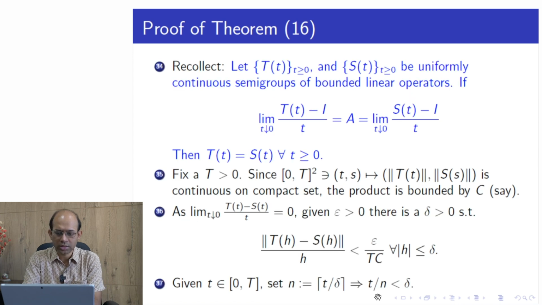Here t by n is less than or equal to delta, and since that is the case, instead of h, you have t by n, so you can apply this inequality: capital T of t by n minus capital S of t by n, divided by t by n, is less than or equal to epsilon by capital T times C. Now this small t by n I can take on the right-hand side because that is a non-negative, positive number.